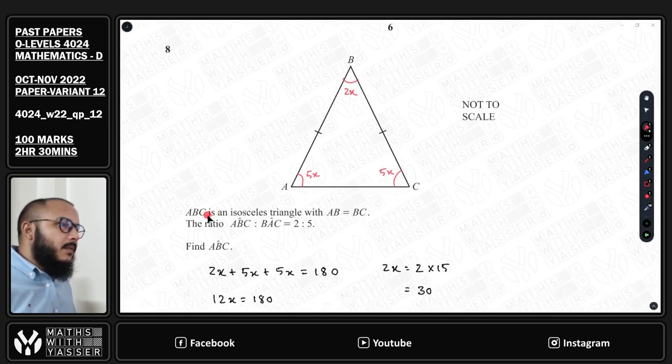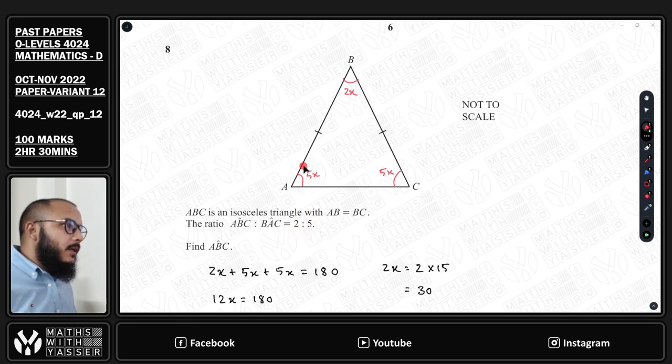Next question. It says ABC is an isosceles triangle, and they have stated that these two sides are equal, that is AB is equal to BC. The ratio of angle ABC and BAC is equal to 2 is to 5.